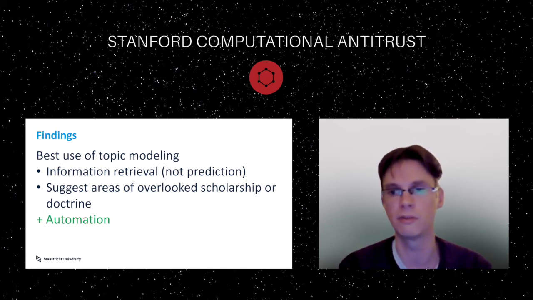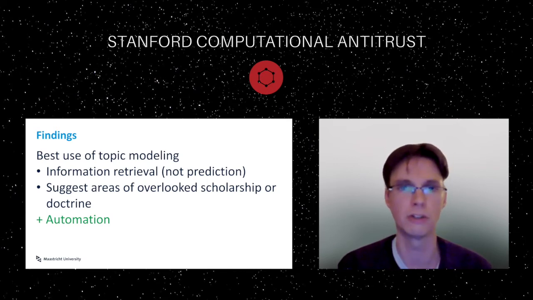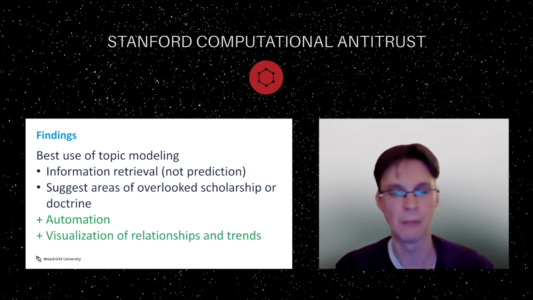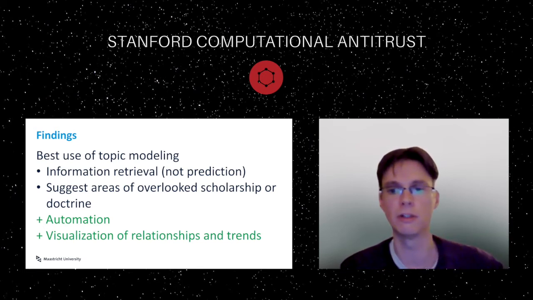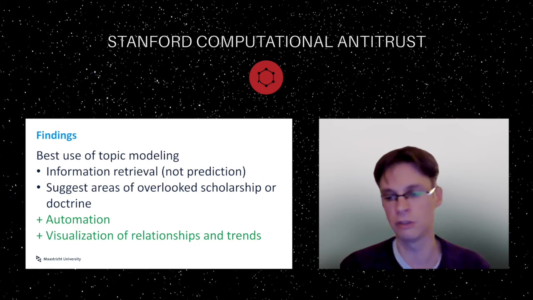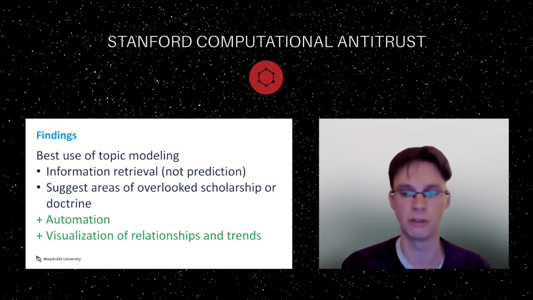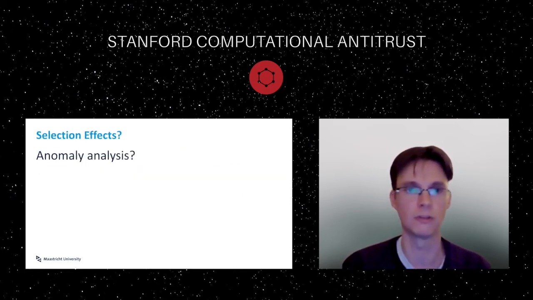And even though you don't have optimal results, you still have relevant results much quicker than if you had to read the whole literature. And I think the visualization of relationships and trends is extremely powerful. If you read the paper, and I would recommend everybody to do that, then you actually see how powerful these findings are that topic modeling can produce.